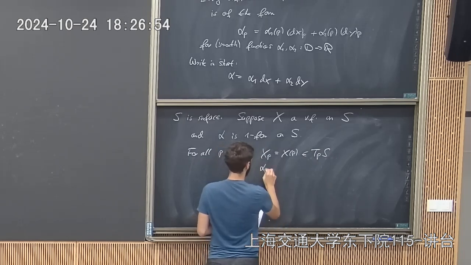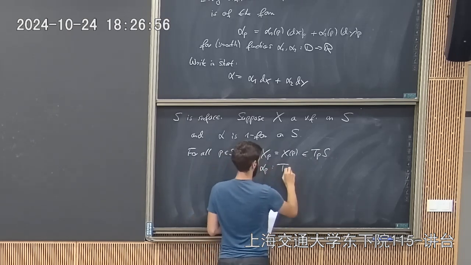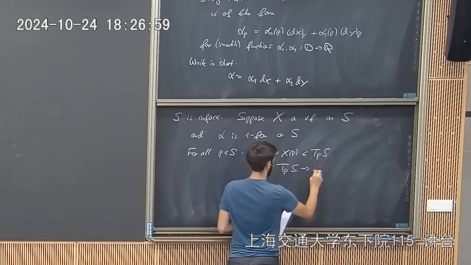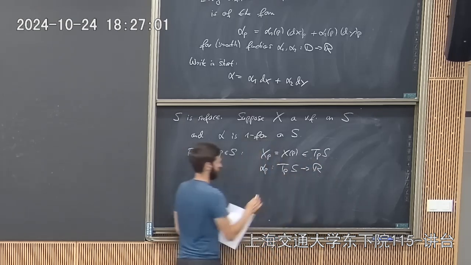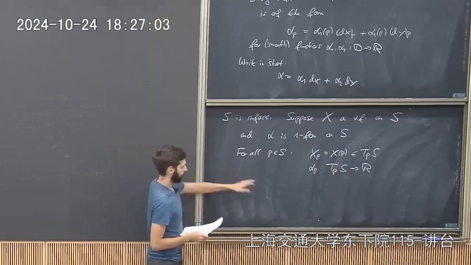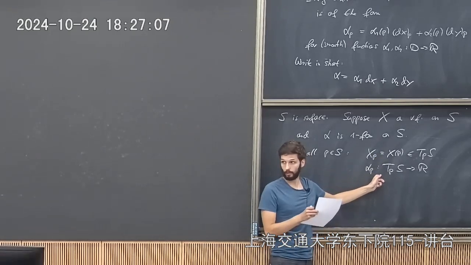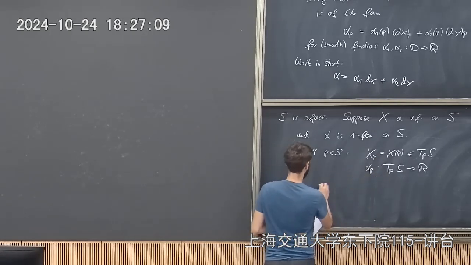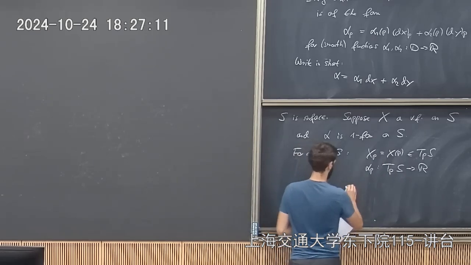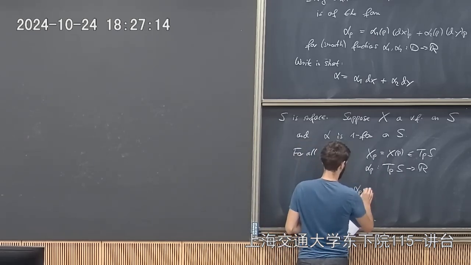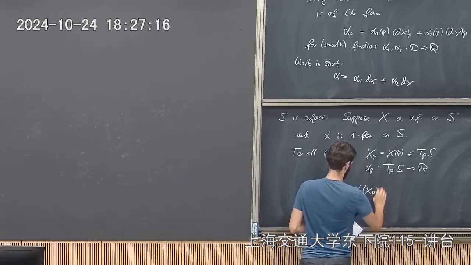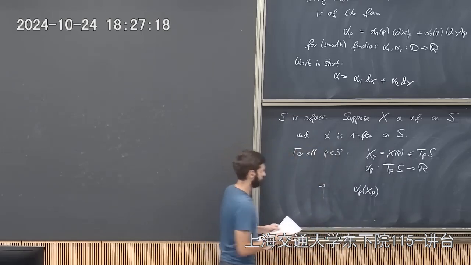And we can evaluate the one form, which is a map from tangent vectors to R. So what we can do, of course, is now to plug X_P into alpha to get some number. So we can plug these in, and that gives us a number.